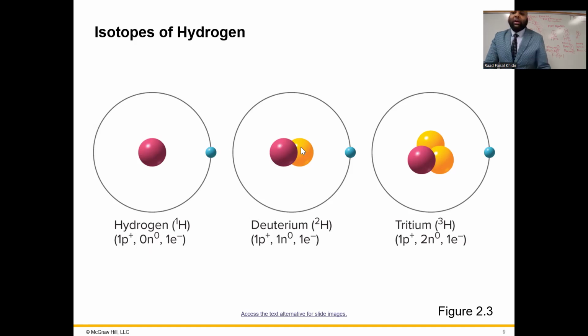Deuterium, the atomic mass is 2, because one proton, one proton, one proton. But for H1, one proton, 0 neutrons. H2 is one proton, one neutron. And H3 is one proton and 2 neutrons. You can have as many neutrons as you like, but if you change the number of protons, you're no longer the same.